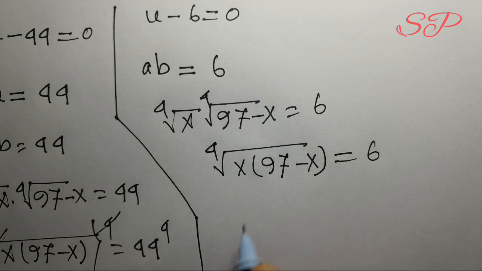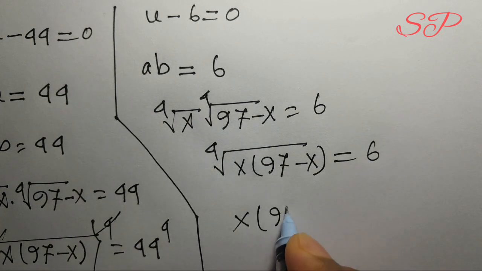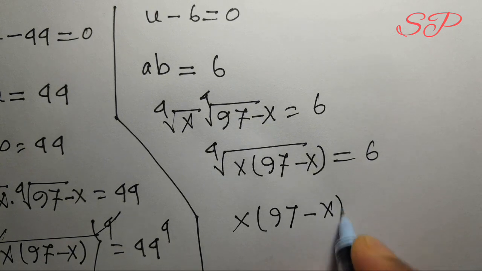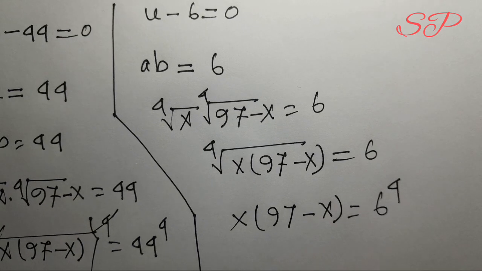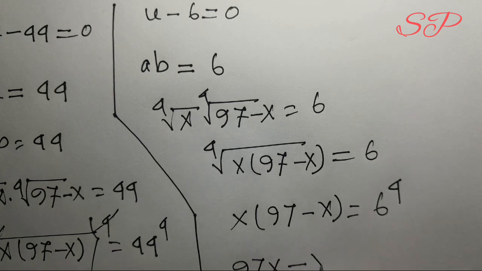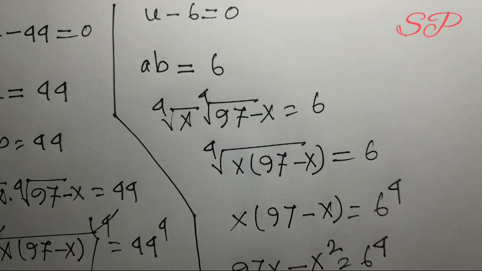Taking the fourth power of both sides, we can write x into 97 minus x is equal to 6 power 4. So here 97x minus x square is equal to 6 to the power 4.